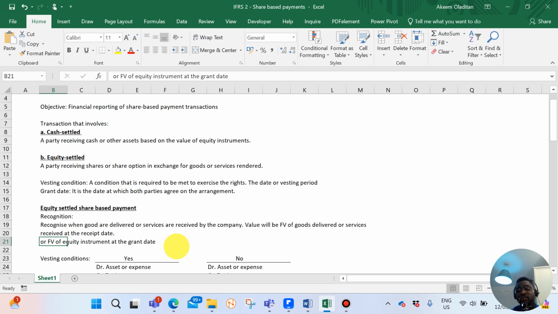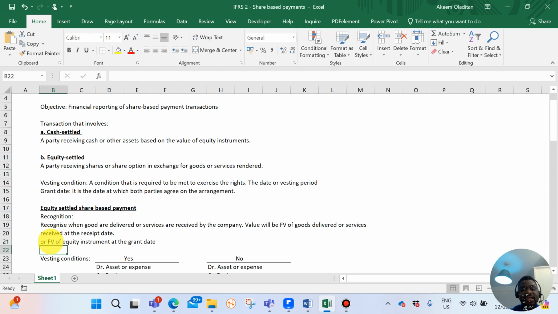But in the absence of that value, if it's not easy to determine, like for an employee who has delivered a service to the organization for a period of time to exercise such an option, in most cases we have to use the fair value of the equity instrument that the company is willing to give to the employee. We call it the value of the equity instrument at the grant date. That's when the agreement has been made.